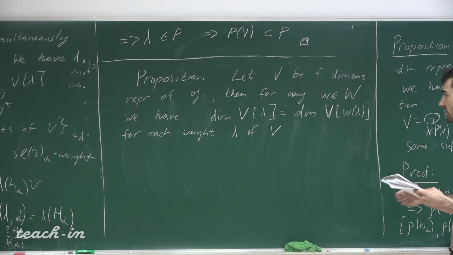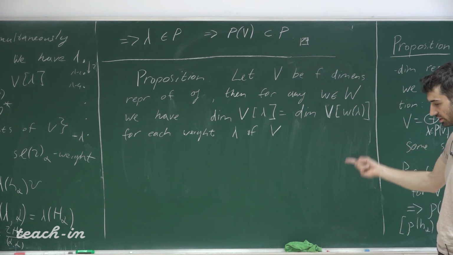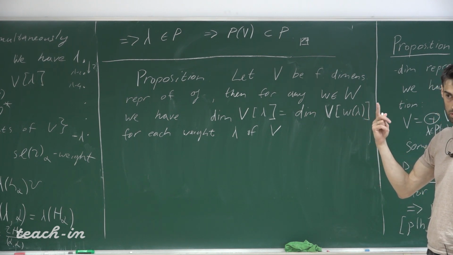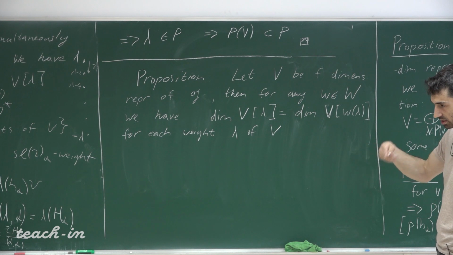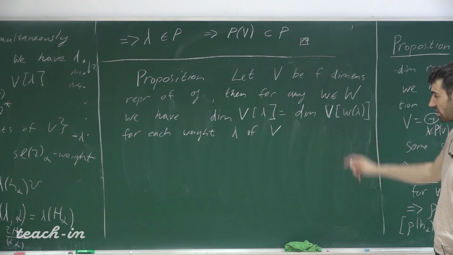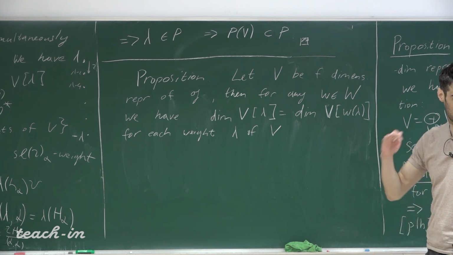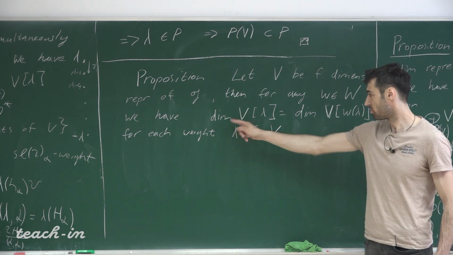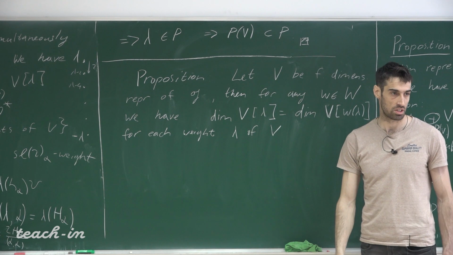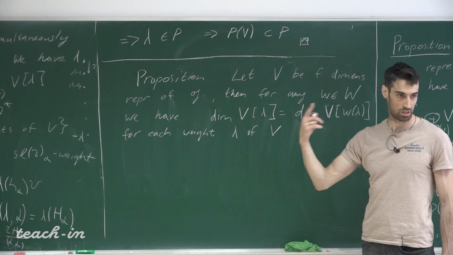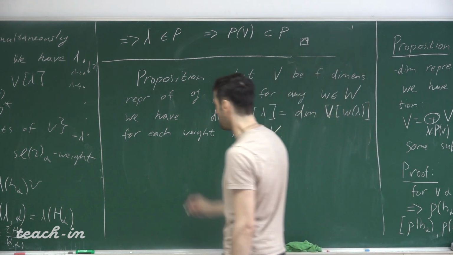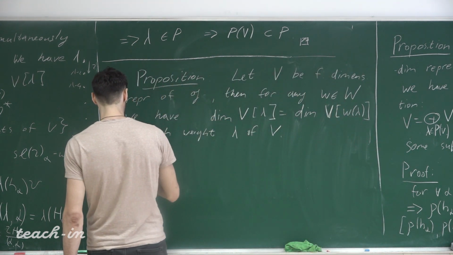Okay, so let's prove this. So actually, the weights of V are symmetric with respect to W. So W acts on a set of weights of V. Moreover, dimensions of corresponding weight subspaces are respected by the action of W. Okay, so let's prove this.